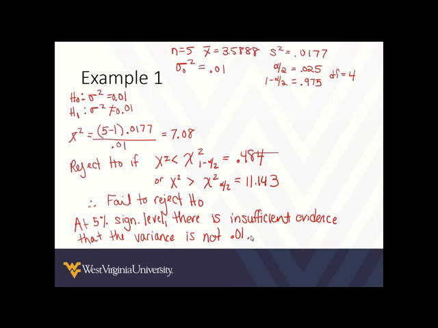So we can consider this to be a pretty consistent variance because we were not able to reject our null hypothesis.